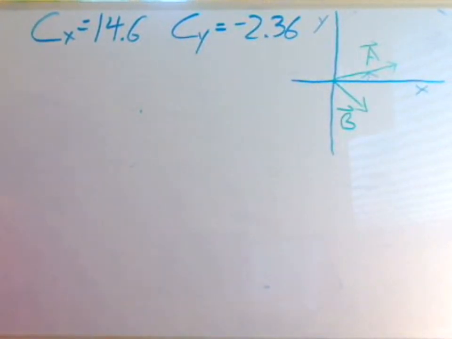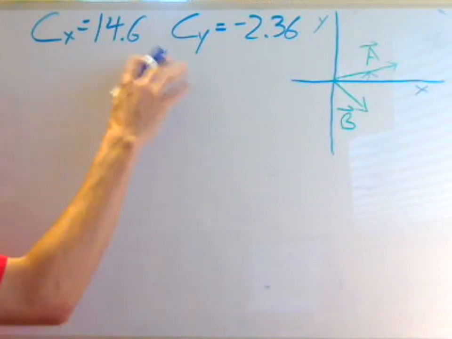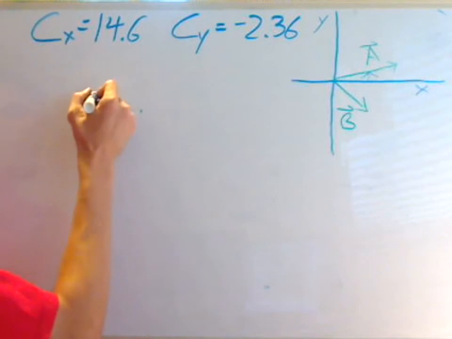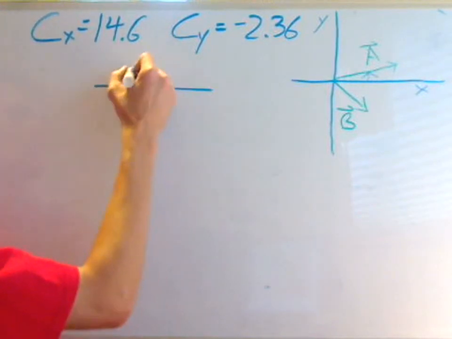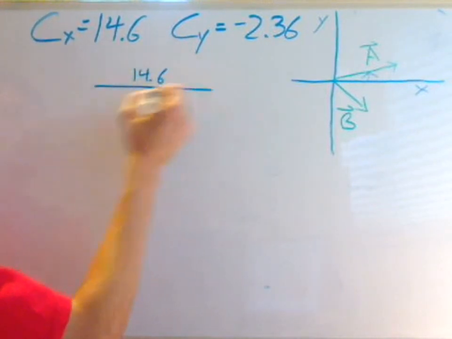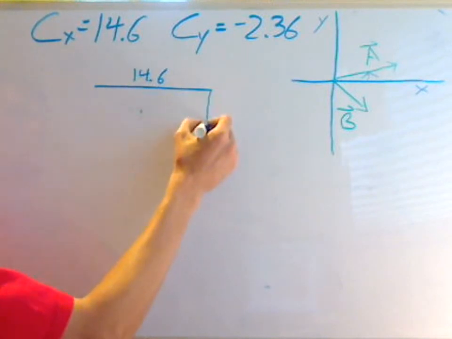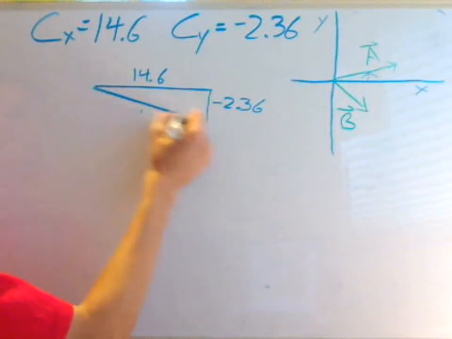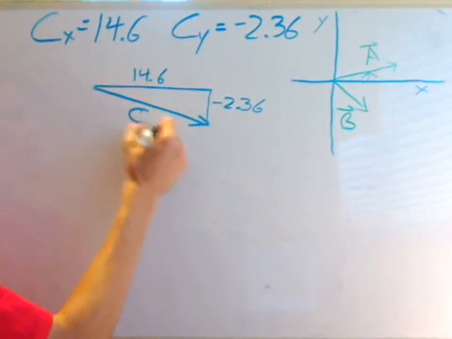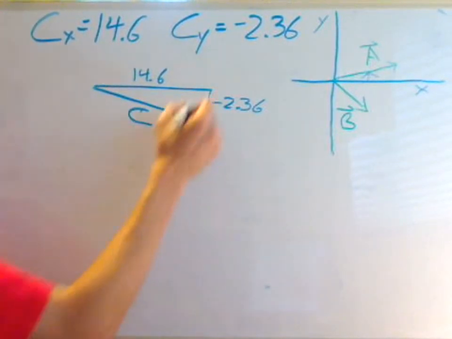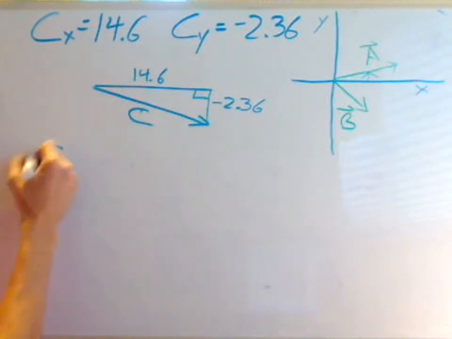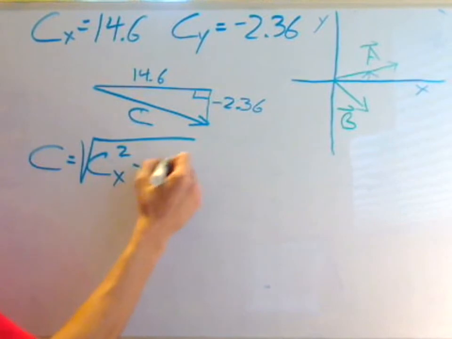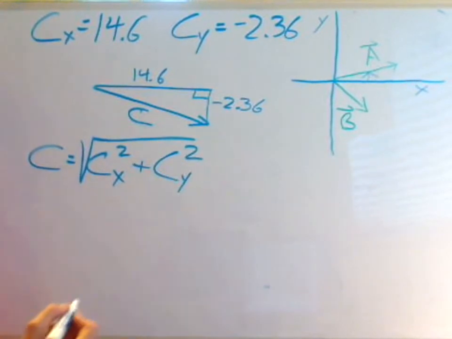Remember, if we have an x and a y component like this, so here's our vector C, it has an x component of 14.6. Its y component is negative 2.36. And we want to know what the full magnitude of C is. That's where we use the Pythagorean theorem. The magnitude of C is the square root of the x component squared plus the y component squared.